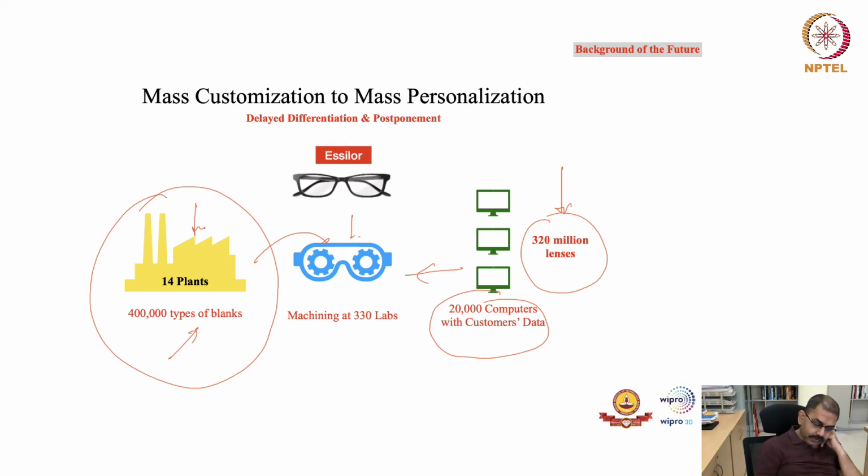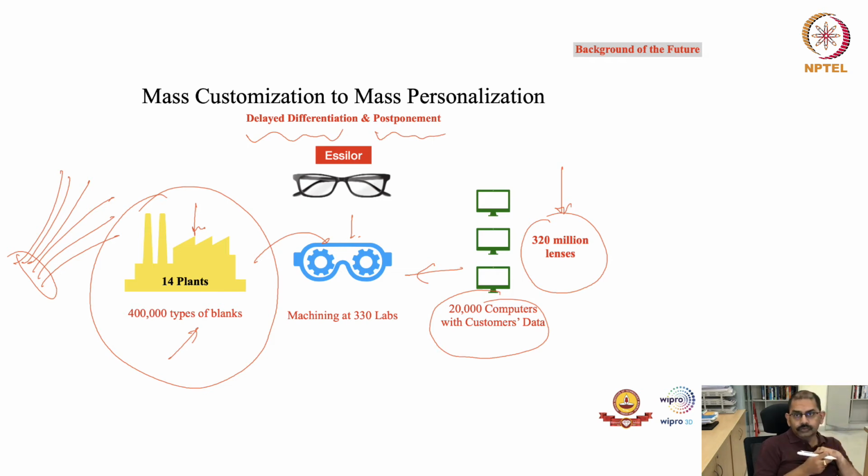And this whole idea is that you are delaying the differentiation, correct? So 400 types of blanks are converted to different types of personalized products based on what the customer wants, right? So this is called either delayed differentiation or postponement, right?